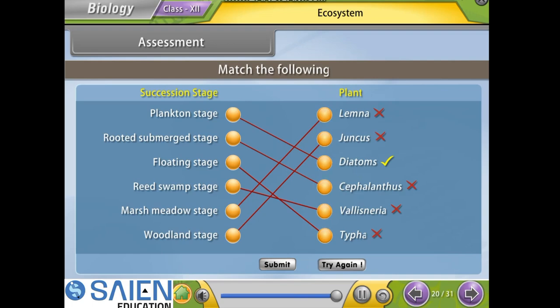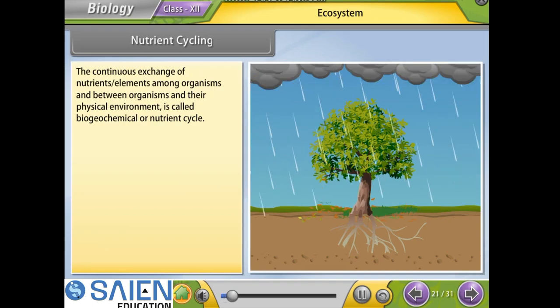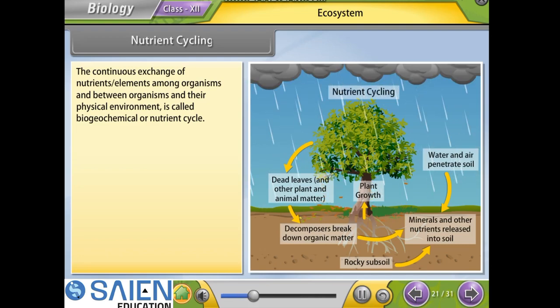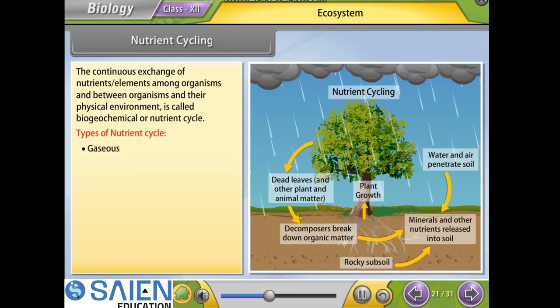Nutrient cycle. The continuous exchange of nutrients, elements among organisms and between organisms and their physical environment is called biogeochemical or nutrient cycle. Types of nutrient cycle: gaseous, sedimentary.